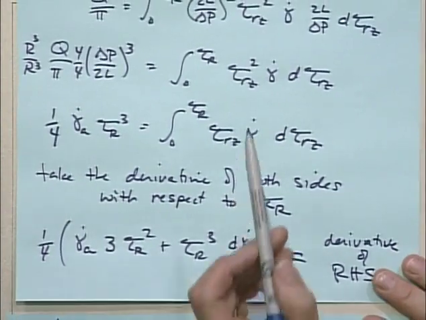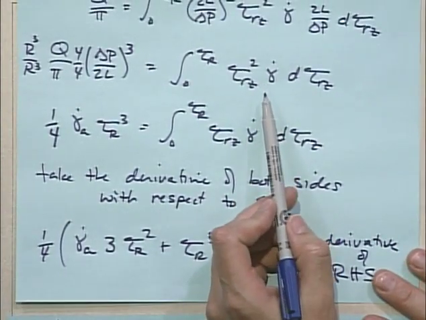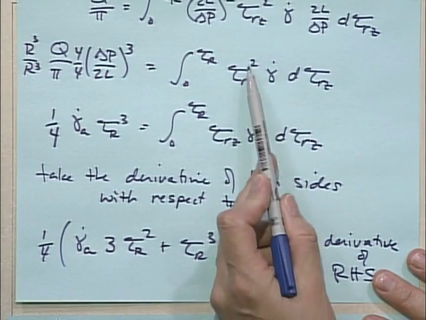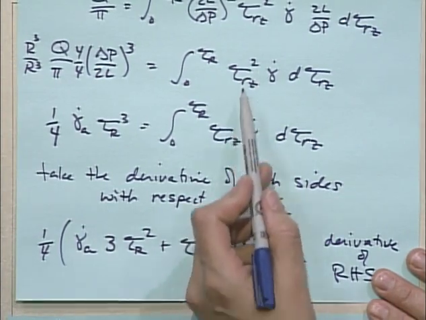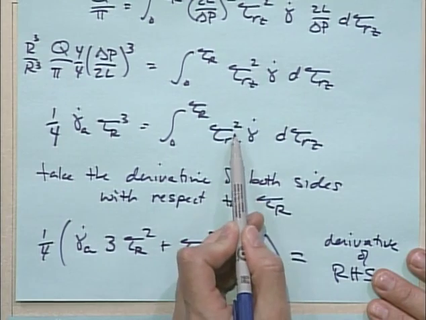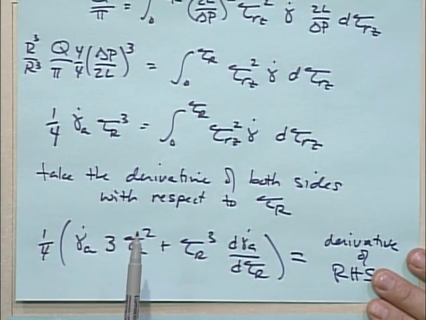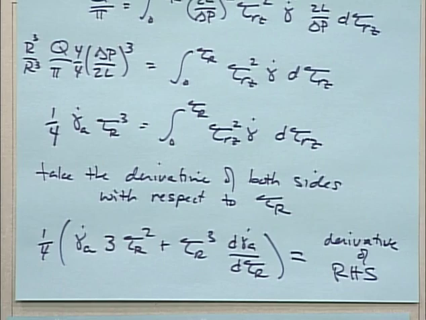You see a typo right here. Tau r squared, not tau r. Okay, I made a mistake right there. So that is squared, and that affects my other business.